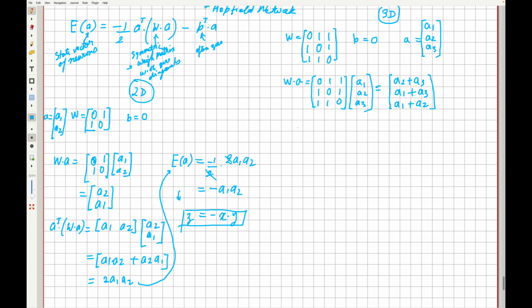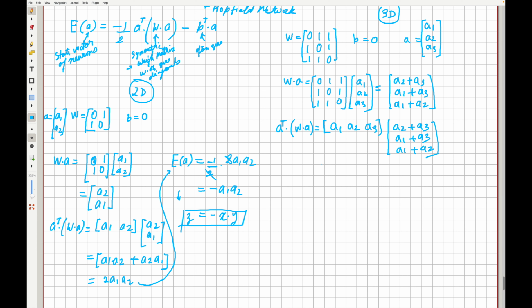Next, we use A transpose and dot that with the above vector. A transpose, when we flip it around, is A1, A2, A3, and the vector is A2 plus A3, A1 plus A3, A1 plus A2.